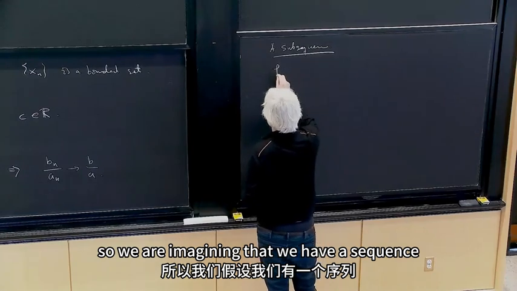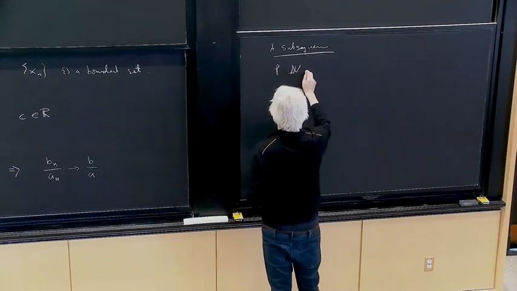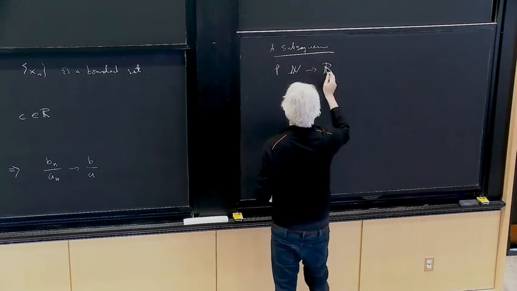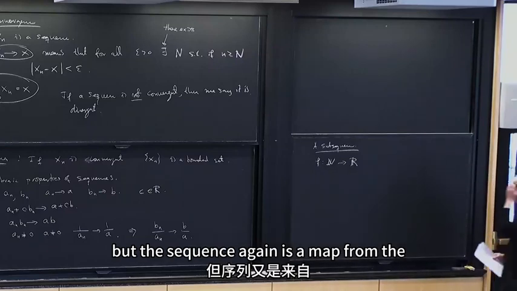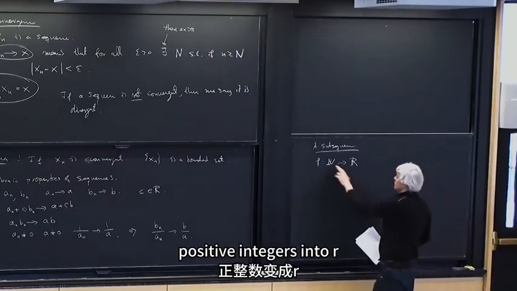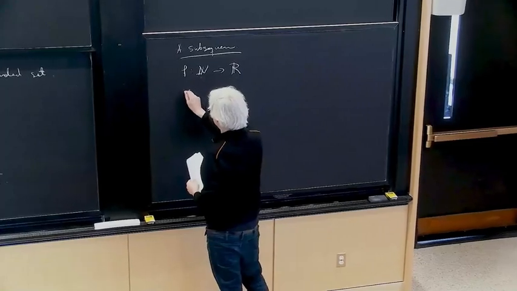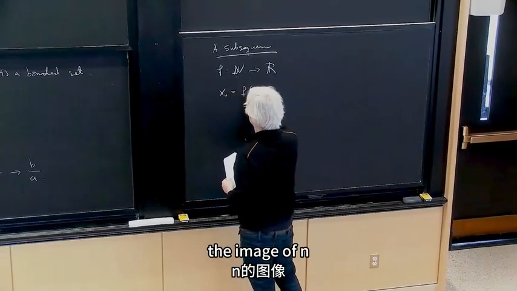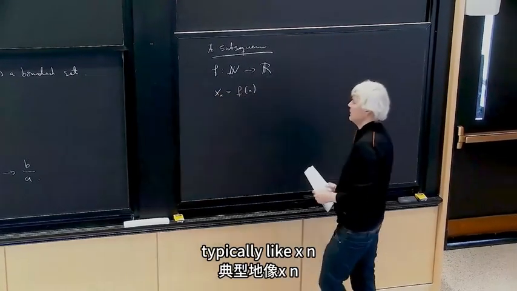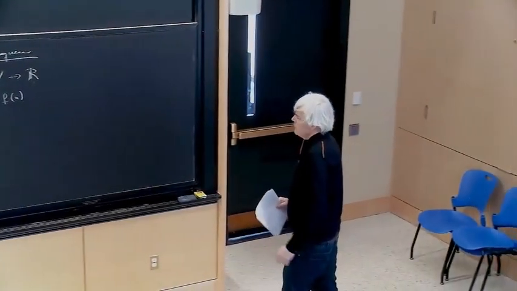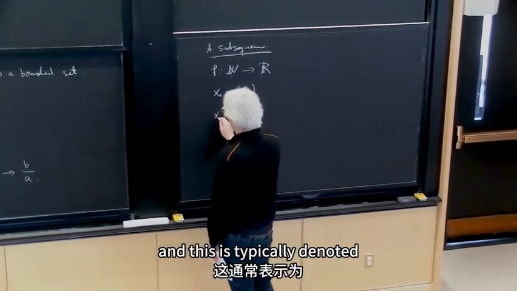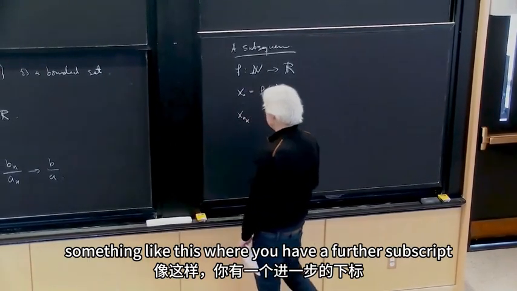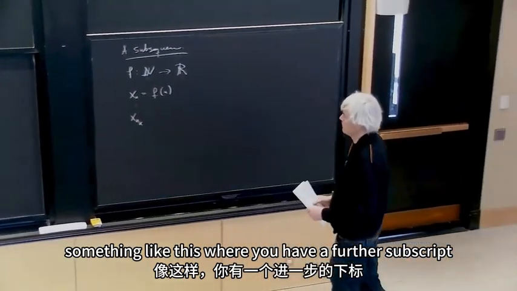So we are imagining that we have a sequence, and often we don't go all the way back like this, but a sequence again is a map from the positive integers into R, and we denote the image of n typically like x_n. Then a subsequence of this sequence is typically denoted something like this, where you have a further subscript.